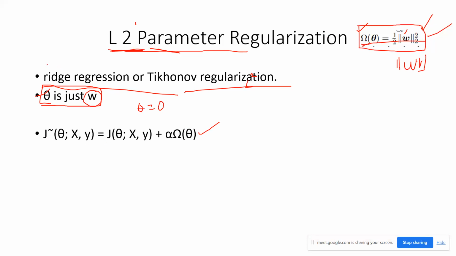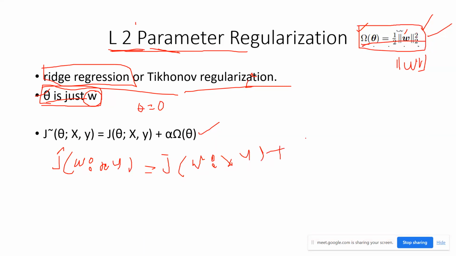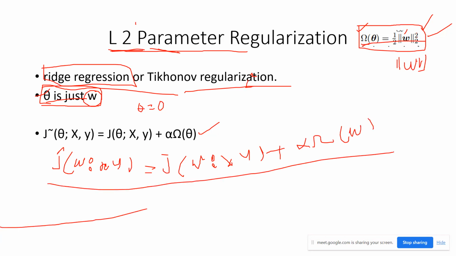Now by applying ridge regression, theta is just like W. So you have to replace this theta value with W: J of W, x, y equals J of W, x, y plus alpha omega W. Because we are applying ridge regression, theta is nothing but the weight value W, so we are replacing theta with W.